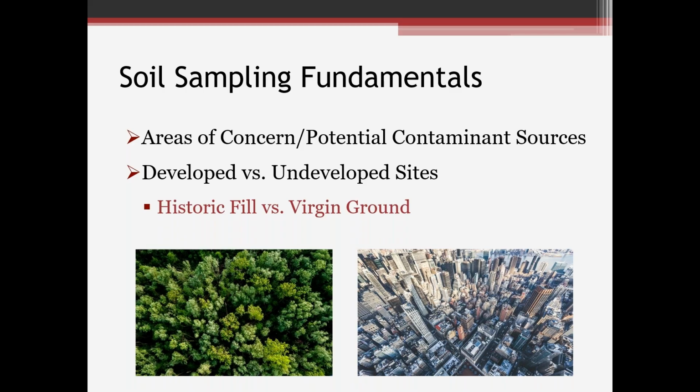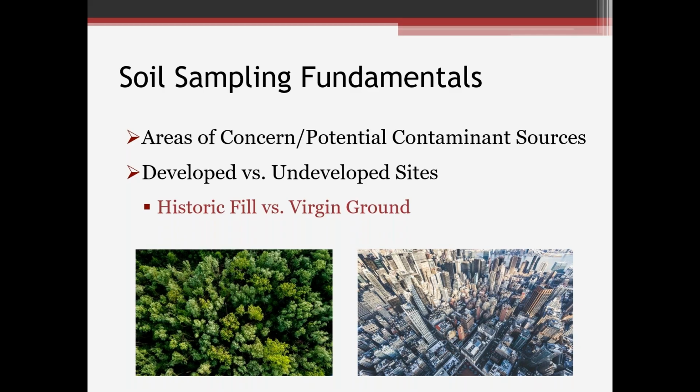Also looking at developed versus undeveloped sites, sites that might have historic fill versus sites that are pretty much untouched. Obviously, if we're on a soil that we know has never had any disturbance, no prior development, usually there's not really anything required for the sampling analysis. But when you get into those developed sites, you don't necessarily know the history of things.